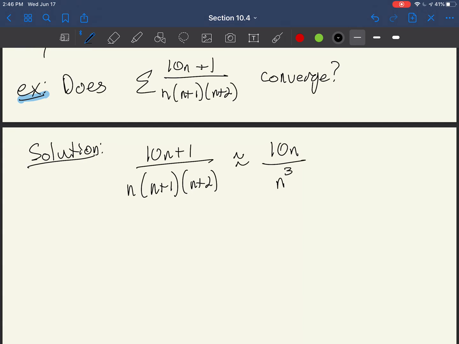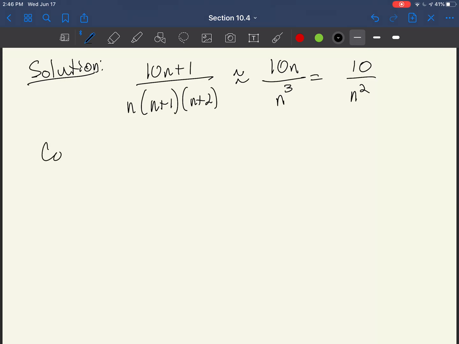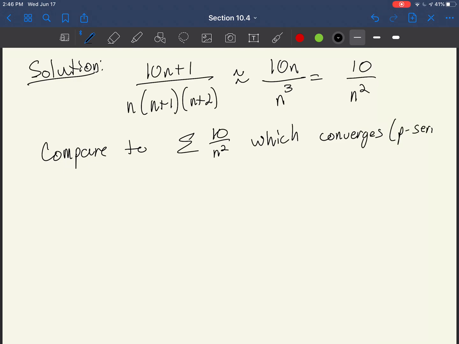So we'd expect the denominator to behave like n cubed. This is 10 divided by n squared. So we expect it to behave like 10 over n squared. So we're going to compare to the summation of 10 over n squared, which converges. It's a p-series.